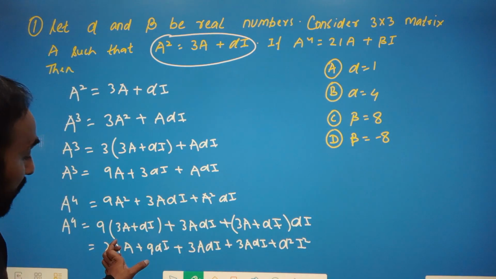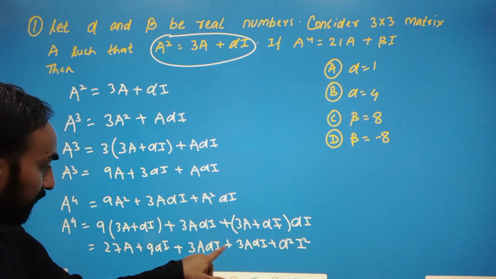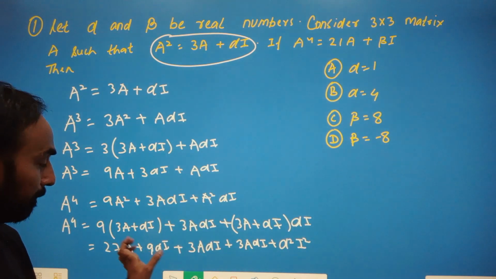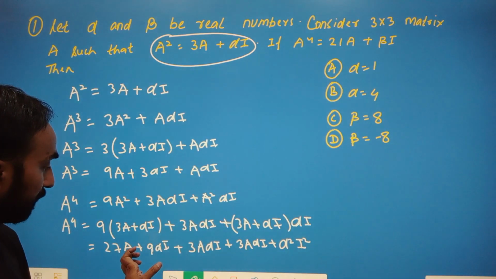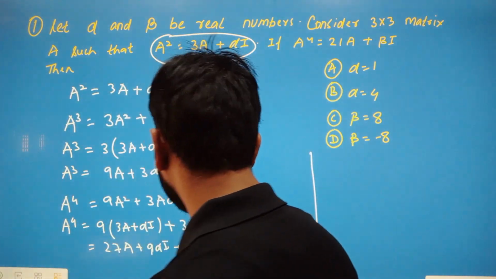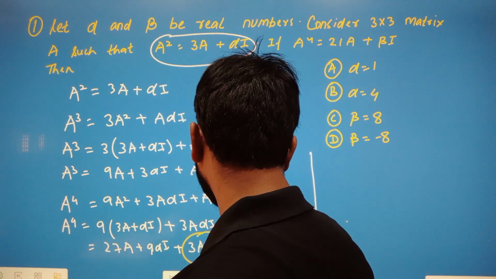Now what we can do with these terms, right? From these three terms I can take A common. I am marking it so that it will be easy for you.